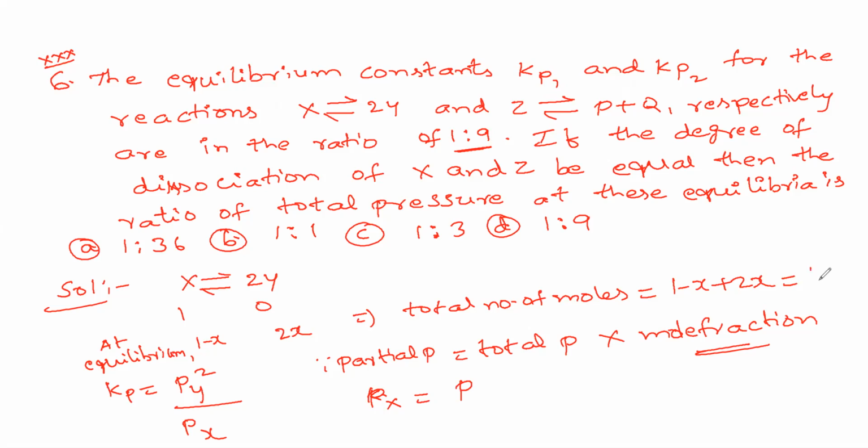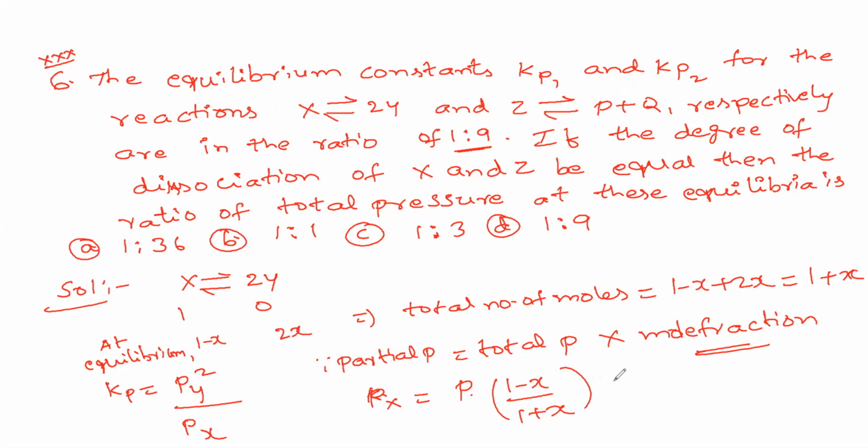So it is equal to 1 plus x. So the partial pressure of X is P into the mole fraction of X, which is 1 minus x by 1 plus x, because the mole fraction of X is the number of moles of X by the total number of moles, which is 1 plus x.